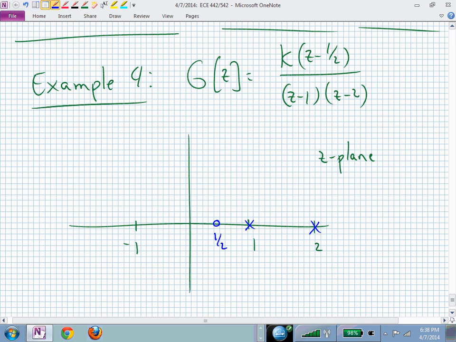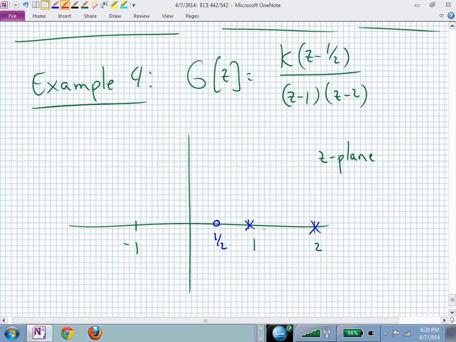Can you help me shade where the root locus is on the real axis? Is the root locus to the right of 2? Is it between 1 and 2? Is a root locus segment between 1 and 2?